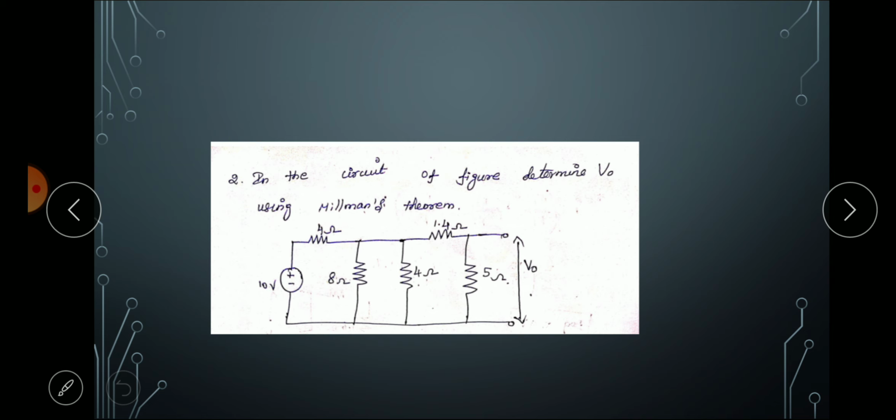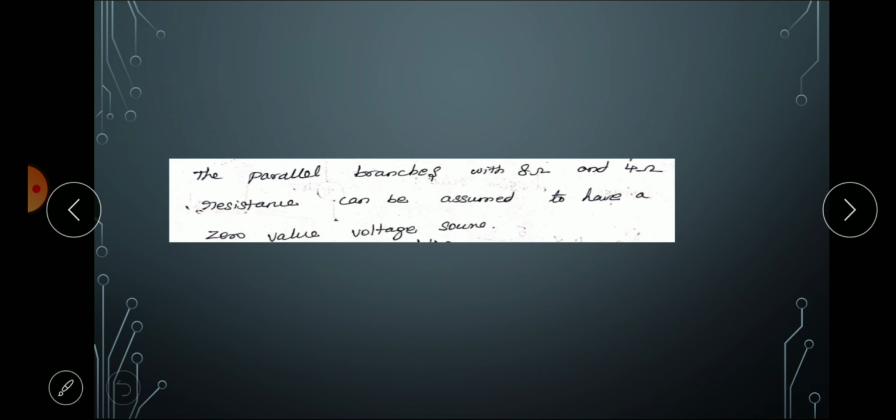Each source has a series resistance which can be considered as the internal resistance of the source. The parallel connected voltage sources with internal resistance can be converted into a single equivalent source using Millman's theorem.